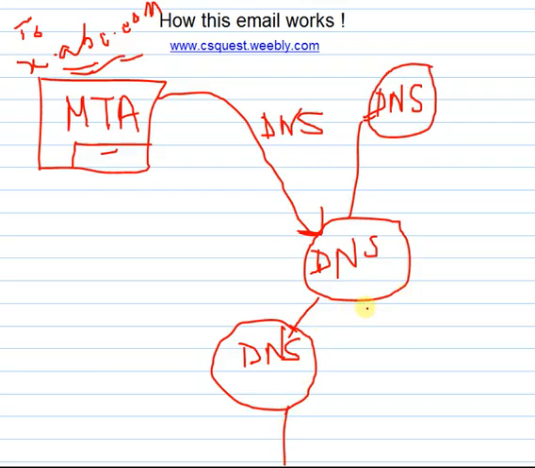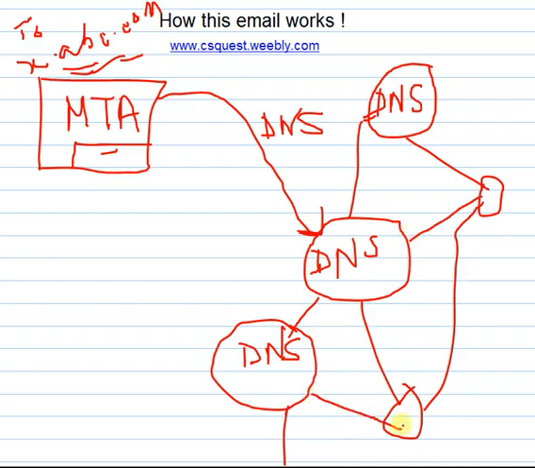So it is a kind of huge concept, this DNS, and it is connected to other DNSs, kind of a root and a graph. This is connected to these, and these are connected throughout the world, like that. What happens over here? Suppose first of all the request comes from the MTA to one of your nearest DNSs: please search this email address for me and provide me the IP address regarding that.